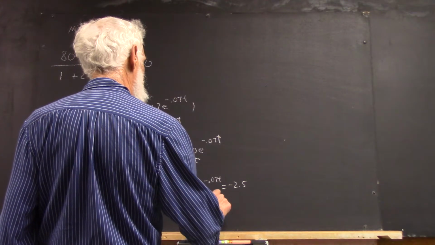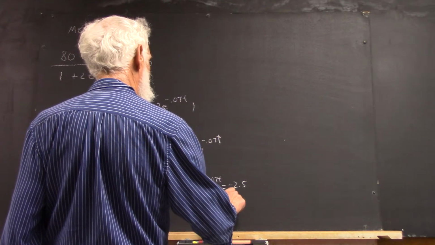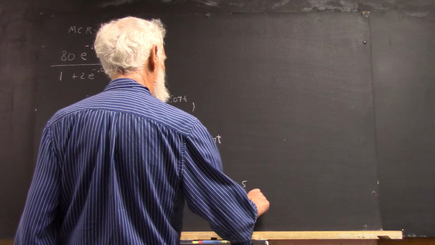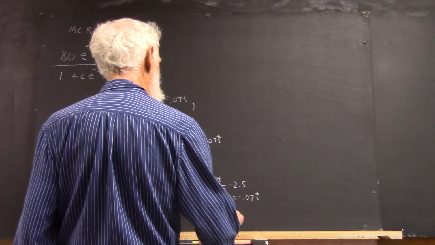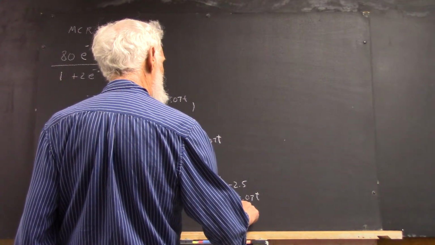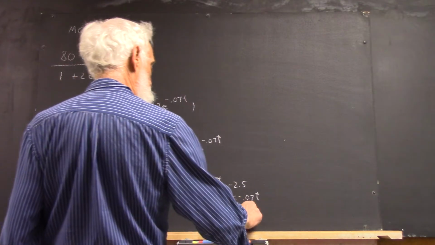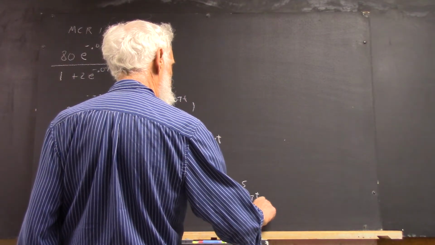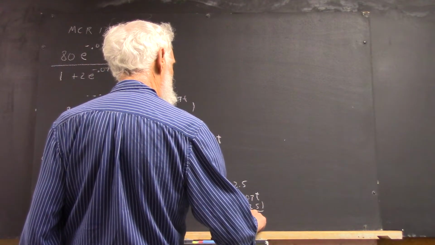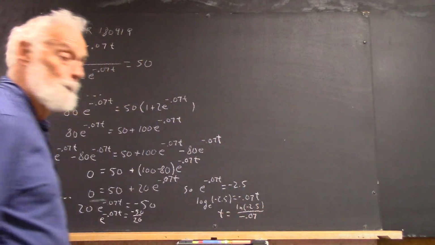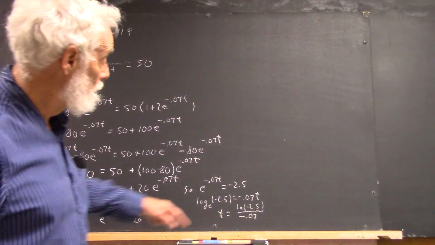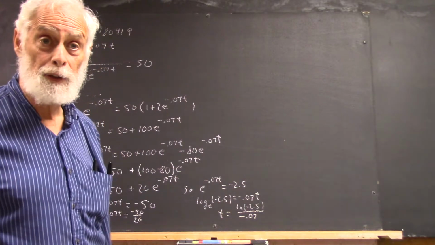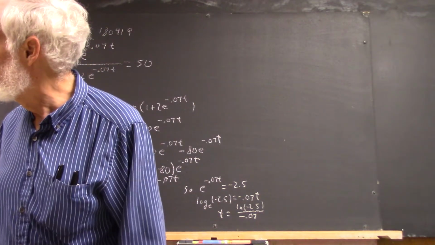You can then say the log base e of negative 2.5 equals negative 0.07t, so that t equals the natural log, since log base e is natural log, of negative 2.5 over negative 0.07, right? And then you go to your calculator and ask the calculator what the natural log of negative 2.5 is.